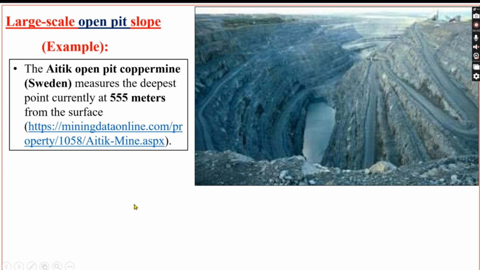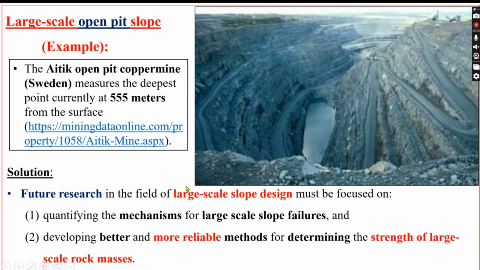For this type of large-scale slope, for the benches and the bench face slopes, it is possible to apply Q-slope, but for the overall total slope stability condition, Q-slope is not intended to be applied. So what is the solution for large-scale projects?